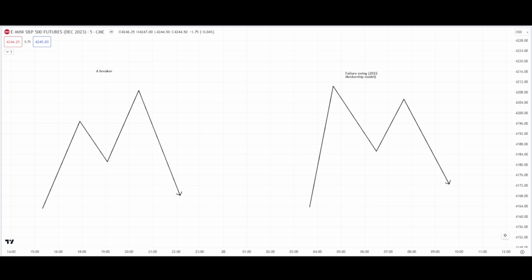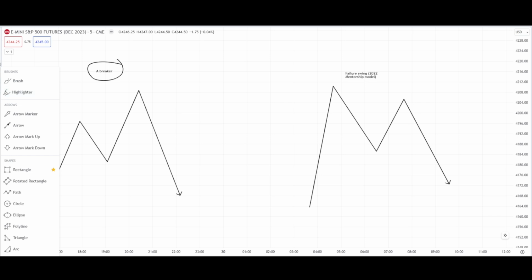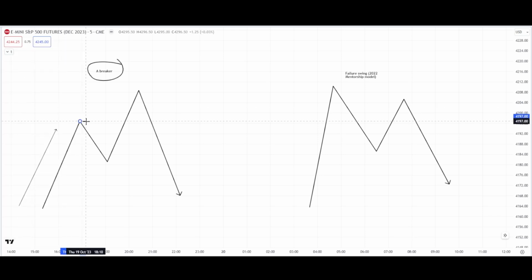On the left side of the screen, you can see a crude depiction of a breaker. Let's walk through what makes this a breaker. First, price makes a move higher. There is an initial swing high that is created. After that swing high is created, we see a move lower, creating a short-term low.